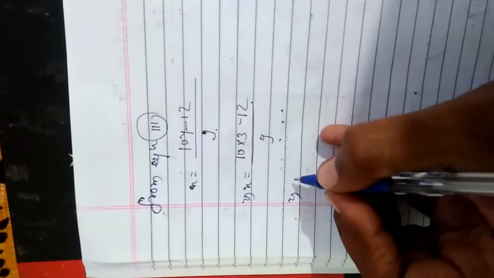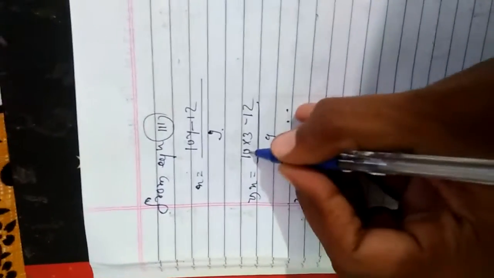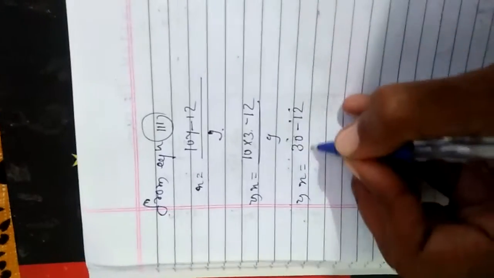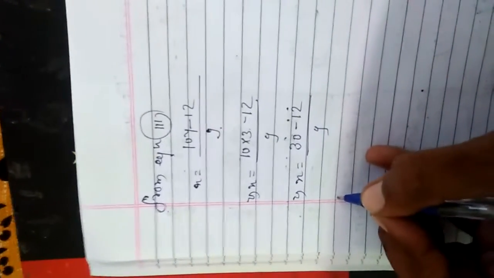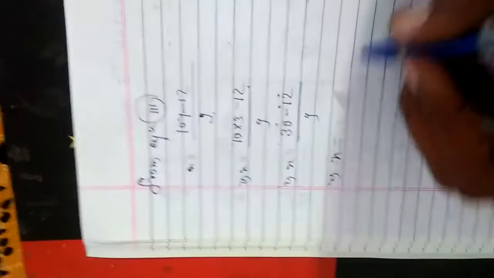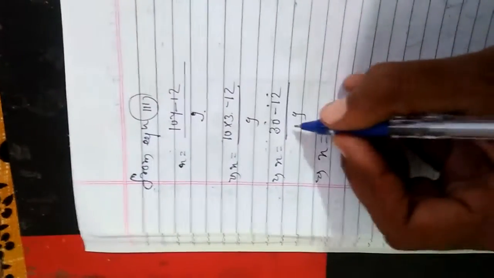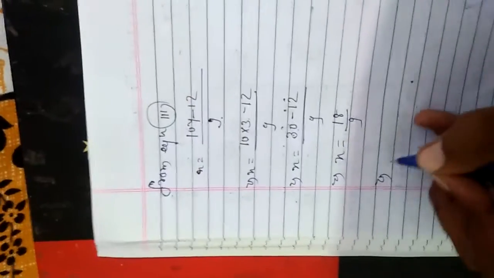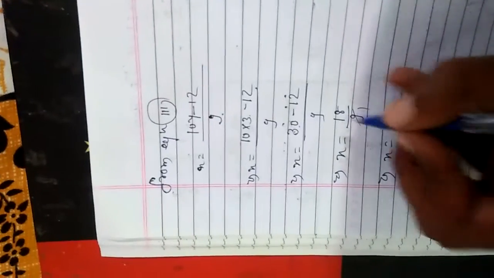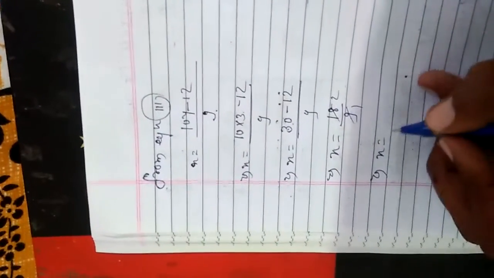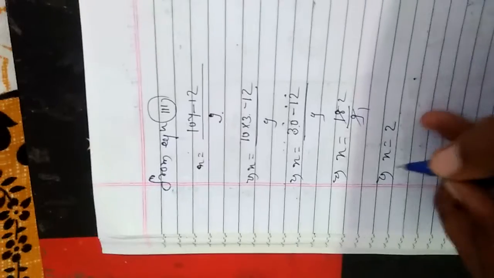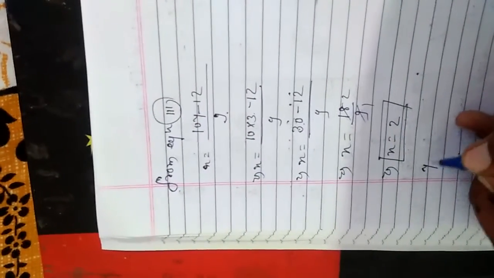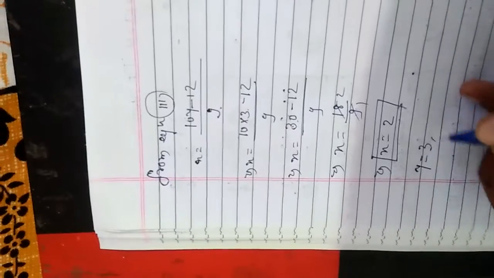So x equals (30 minus 12) divided by 9, so it will become 18 divided by 9. So x equals 2, since 9 1s are 9, 9 2s are 18. So here y equals 3 and x equals 2.